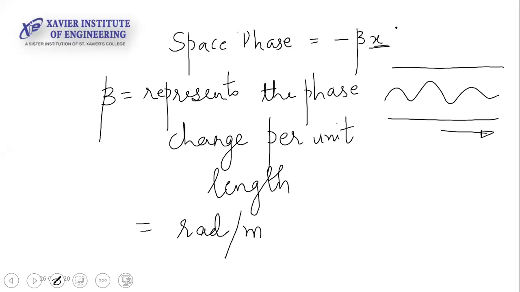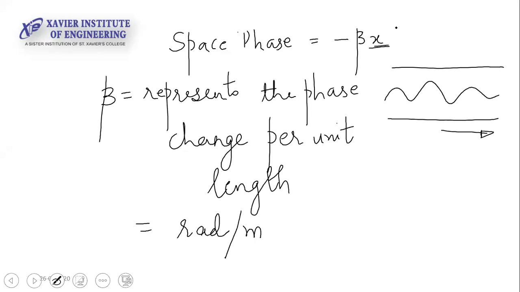It is a very simple, essential definition which you have done in the past: whenever there is a phase change in wave motion, that distance is called a wavelength. Beta, which is related to x, that is, to distance, is related to the wavelength of the wave inside this transmission line.